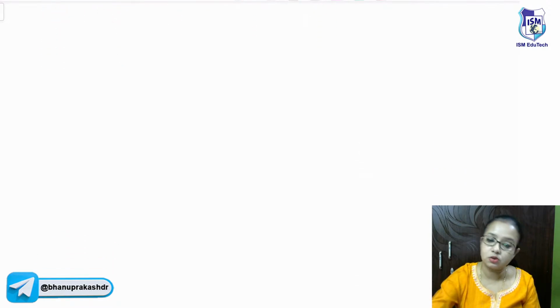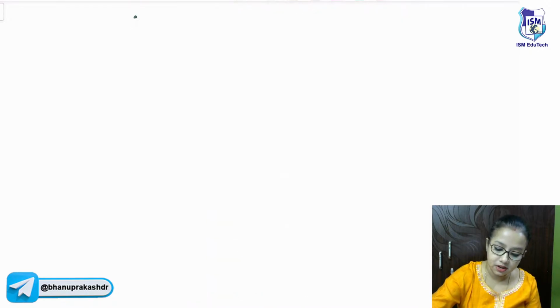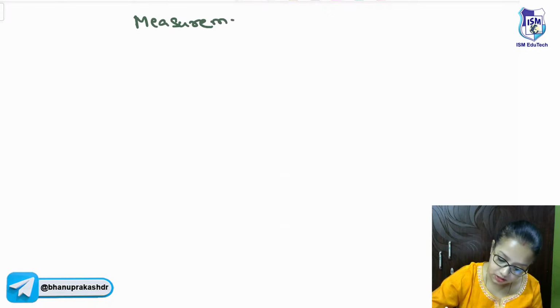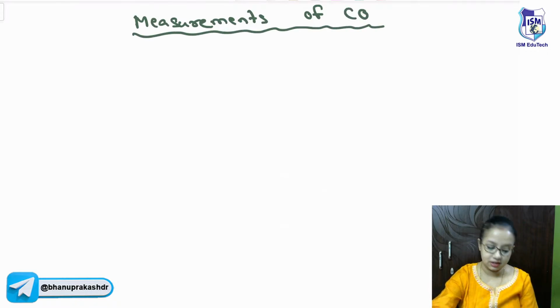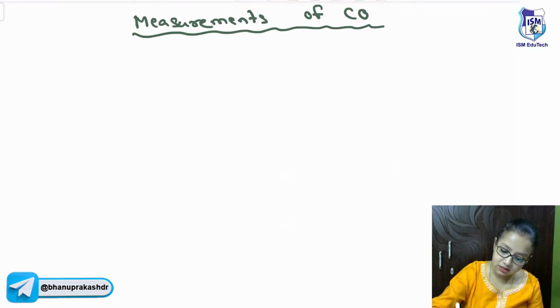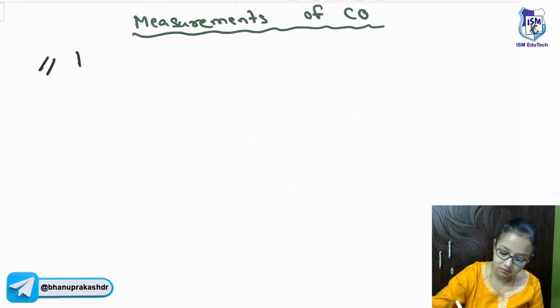Okay. Now, before going into the determinants of the cardiac output, very quickly we'll have a look at the measurements of cardiac output. How do we measure the cardiac output? What are the various methods? The various methods that have been used were Fick's principle.